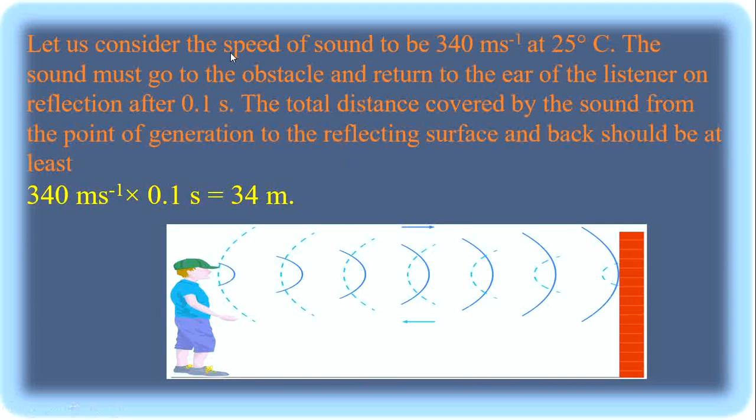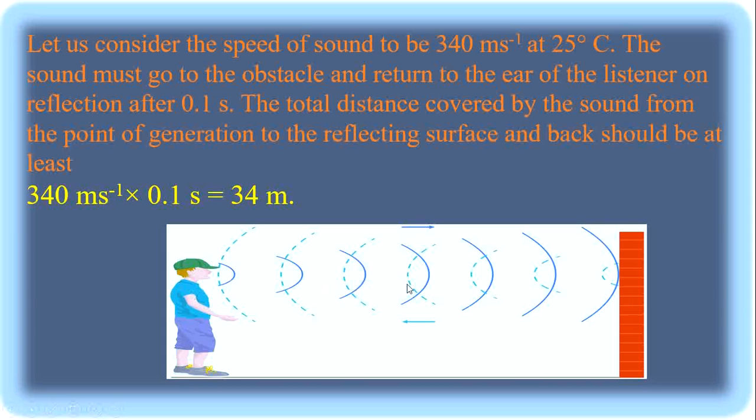Let us consider the speed of sound to be 340 m s^-1 at 25 degrees Celsius. See this diagram. The speed of the sound is 340 m s^-1. The sound must go to the obstacle and return to the ear of the listener on reflection after 0.1 second. When will it return to the listener? After 0.1 second.